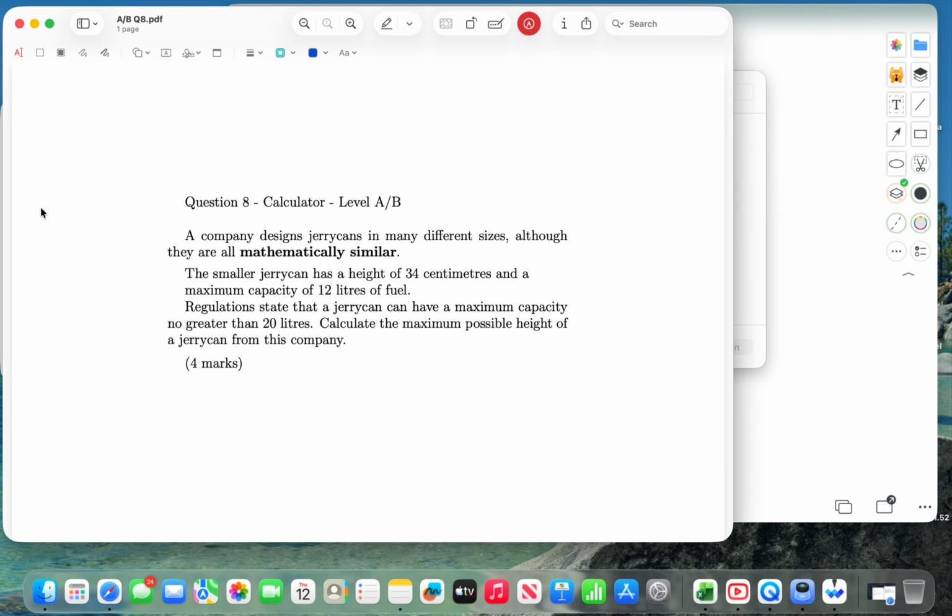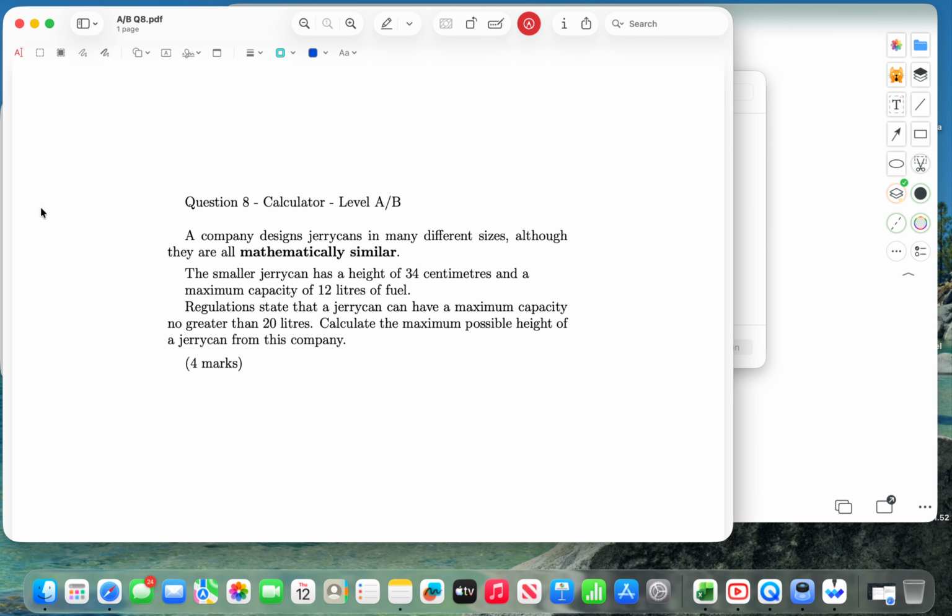So in this question we have jerry cans and all of them are mathematically similar. A jerry can is what you put fuel into, and the UK regulations have a maximum limit of 20 litres on one can.